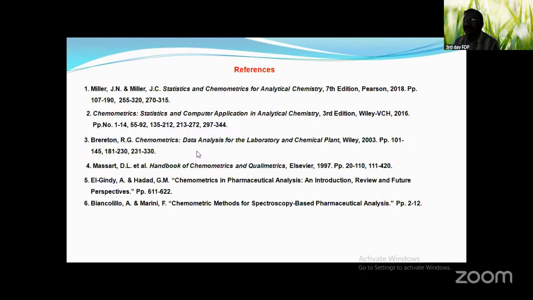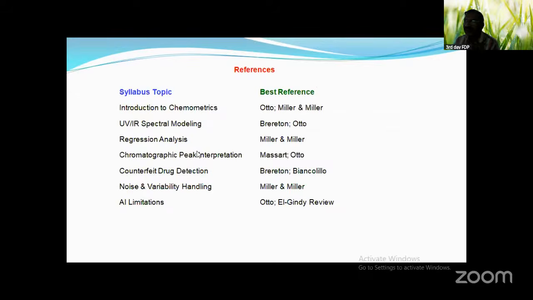The first are Miller JN and Miller JC, Chemometrics; Brereton RG, Chemometrics; and Massart DL et al.; El-Gindy; Bian and Colello; and Otto, the presently available books in the literature. This is matching the syllabus.